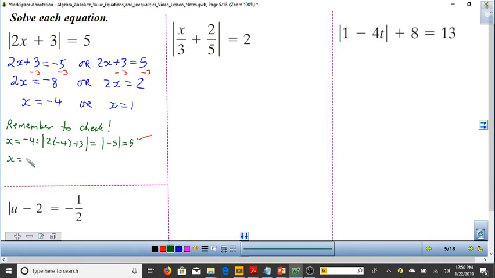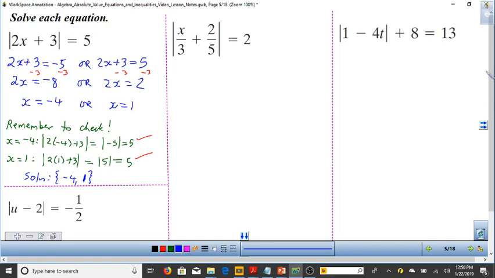Let's try 1. When we try 1, we get absolute value of 2 times 1 plus 3, and that's just absolute value of 5, which is 5. So both answers work. So my solution is, from left to right, -4 and 1. Those are my two numbers that make the statement true.